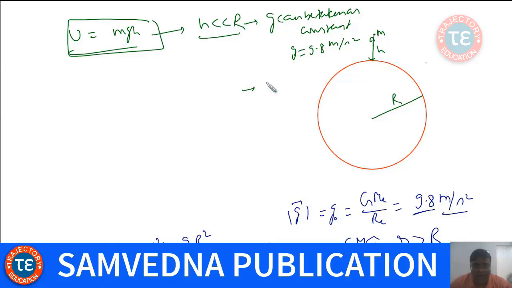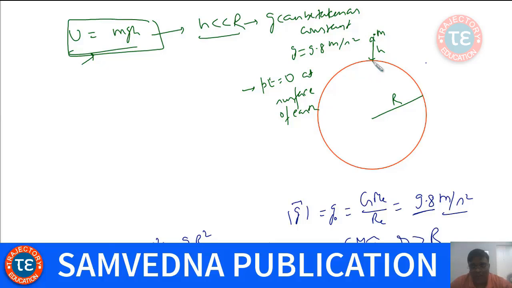This is one assumption. Second assumption is you take potential energy on the earth's surface to be zero, U is zero at the surface of the earth. That's the assumption, right? That is just an assumption that you have made.